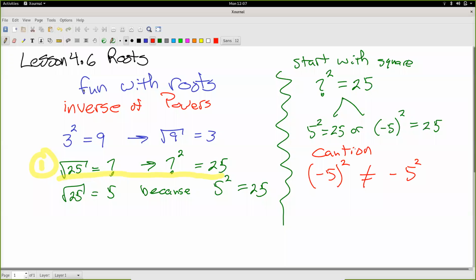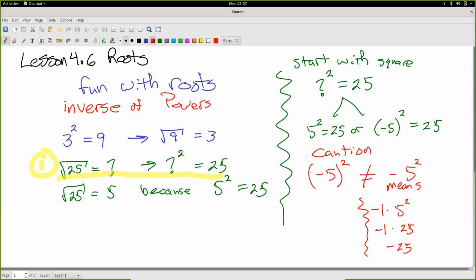The negative symbol really means multiply by -1. So anytime a computer sees the opposite of 5 squared, it's really thinking -1 times 5 squared. And by the order of operations, you square first. So take 25 and then take the opposite of 25, which is -25. That's what I get with this notation.